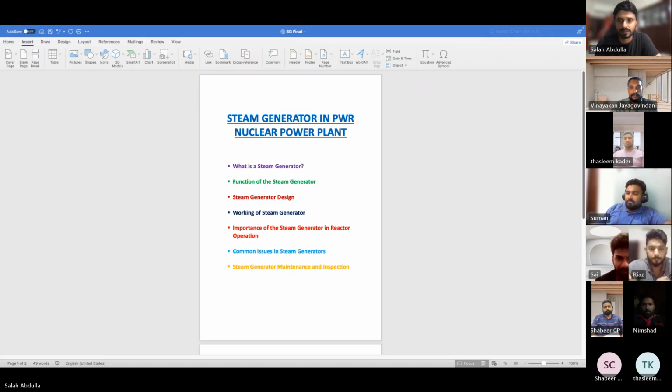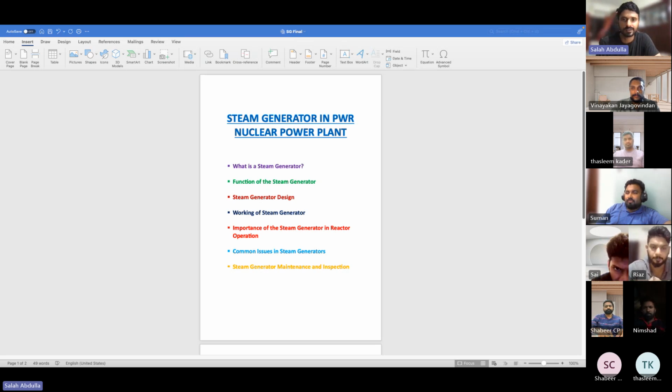So let me tell you that we can divide it into a primary side and secondary side. On the primary side, the reactor coolant enters the steam generator through the primary inlet, which I showed in the section view.